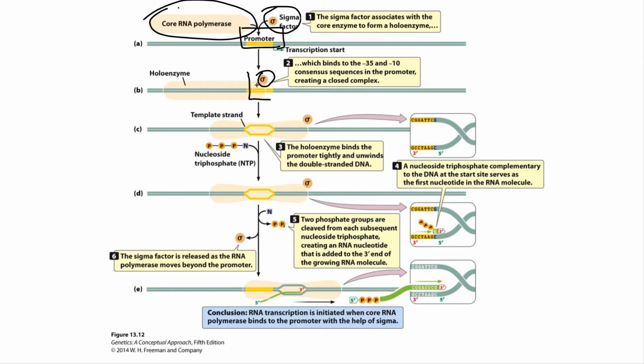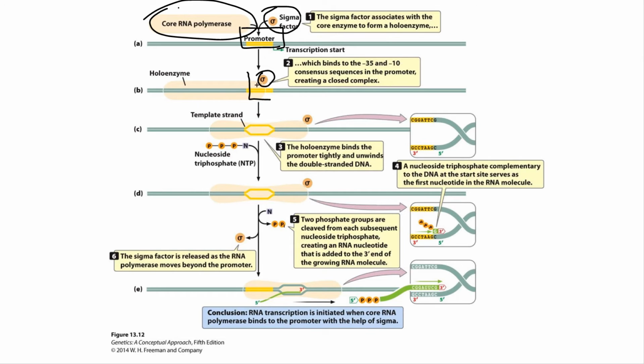This also triggers release of sigma factor, and releasing of sigma factor from the holoenzyme enables polymerase to move beyond the promoter and initiate elongation.